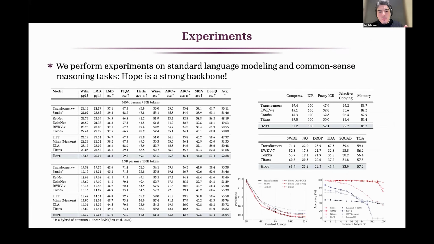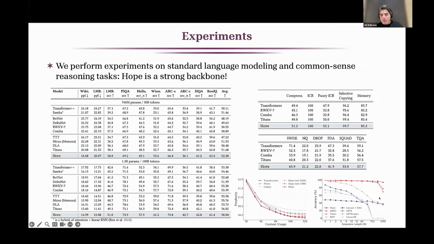In the experiment part, I don't want to go into the details of the numbers, but the point is generally we have some experiments on language modeling and common sense reasoning tasks, and we see that this HOPE architecture shows good performance compared to all the linear RNNs and also deep RNNs and also transformers. And so generally it shows very good performance in language modeling.